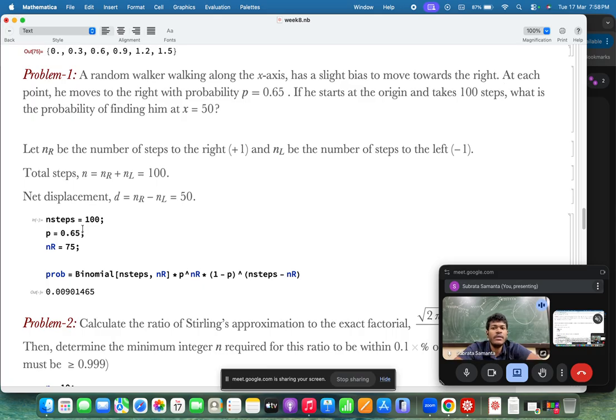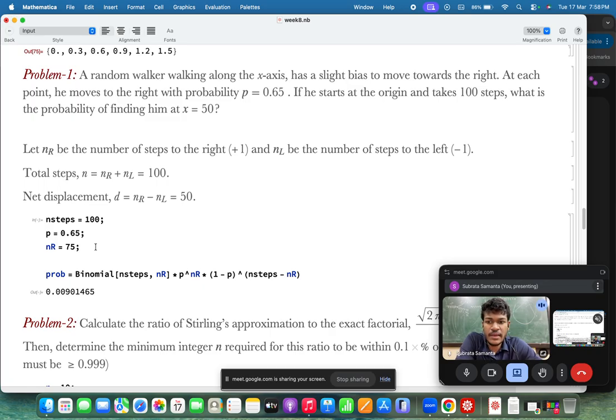So, how to calculate? This follows the binomial distribution. I have 100 steps and only two possibilities, p and 1 minus p. p is 0.65, and 1 minus p is 0.35.